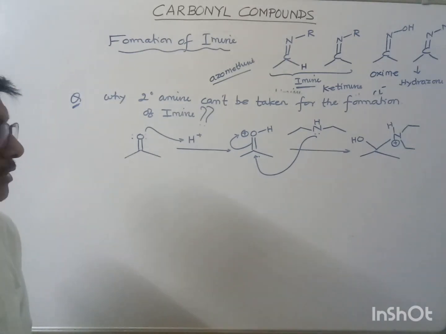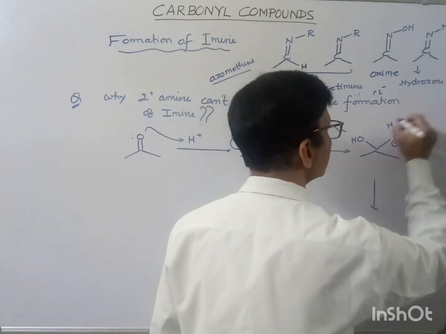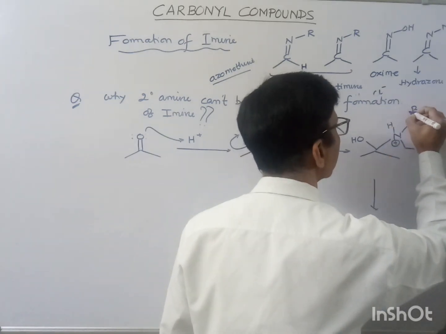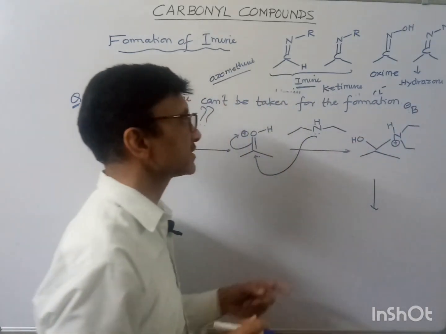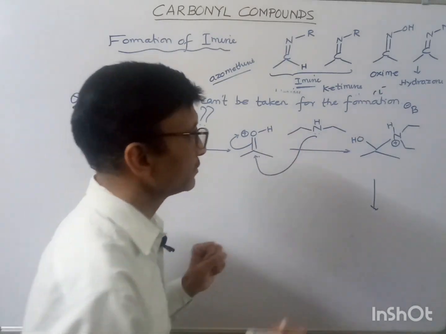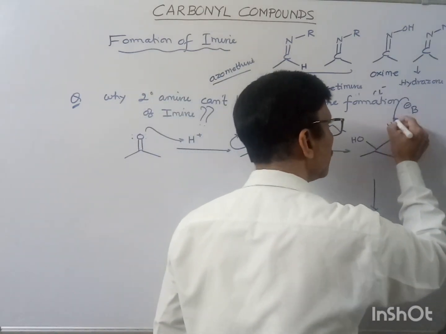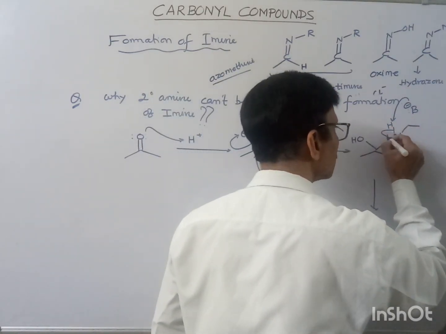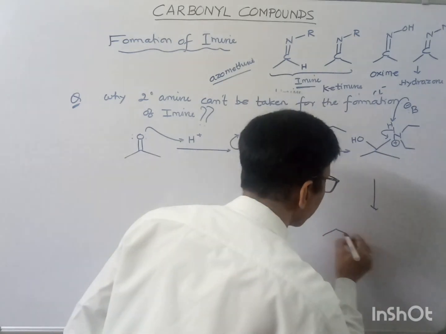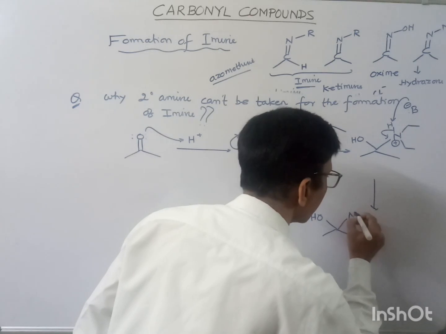Now in the next step this would be removed by a base. Suppose we have a base; either this can act as a base, as I told in my previous mechanism, or this may also act as a base. It will remove this H plus, and the positive charge is neutralized, and we have this OH.